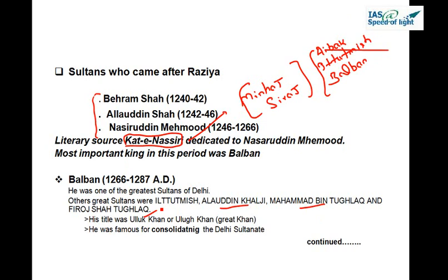His title was Ulugh Khan, and Ulugh Khan means great Khan, and he is famous for consolidating the Delhi Sultanate and bringing the group of 40 nobles, whom we are studying right from Iltutmish, the Chahalgani or the Chalisa, under his control.